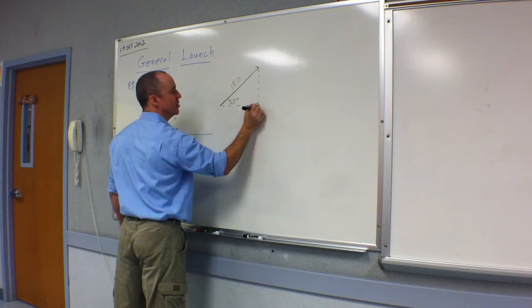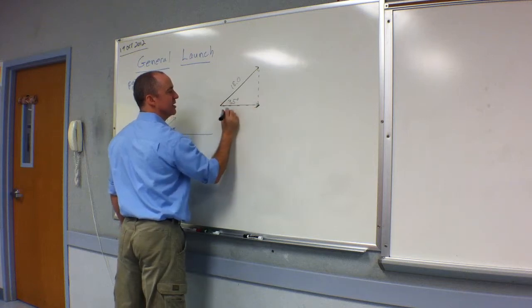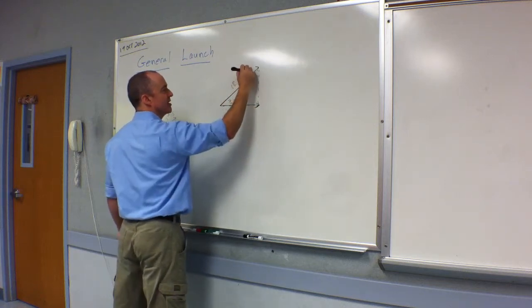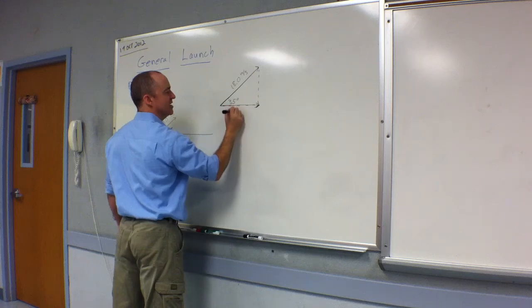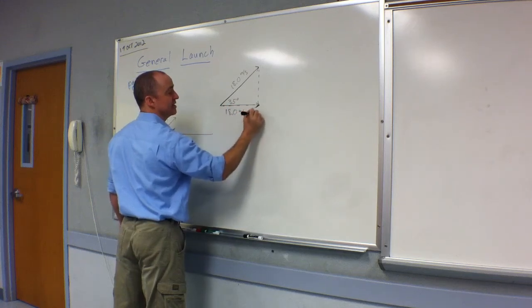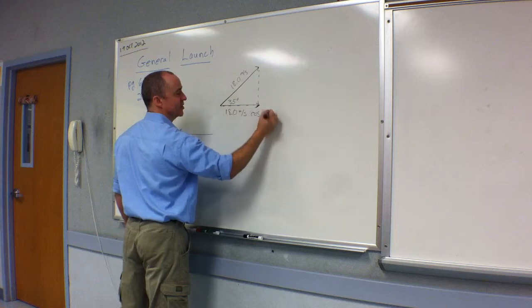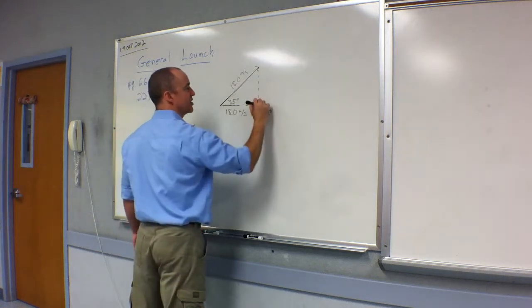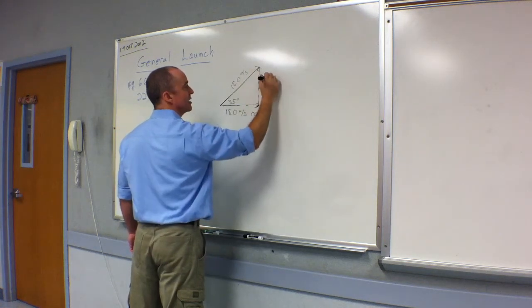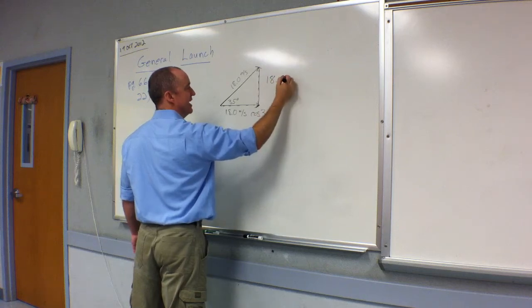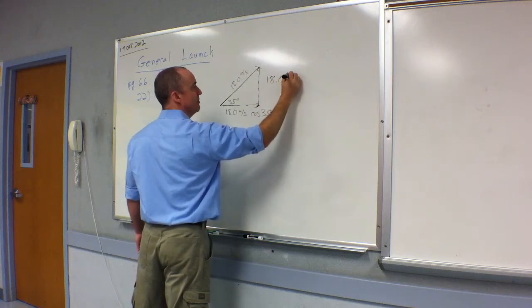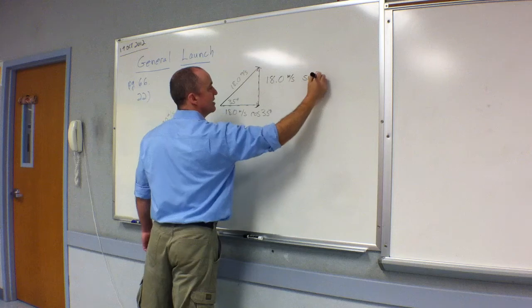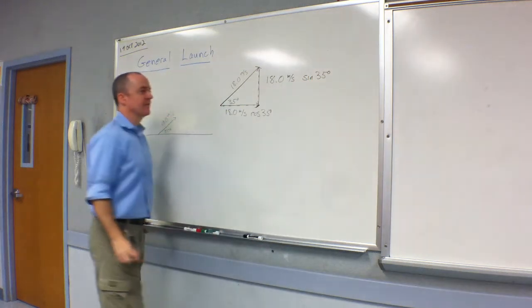It's going to go forward with an initial velocity of 18.0 meters per second cosine 35 degrees, and it's going to go upward with an initial velocity of 18.0 meters per second times the sine of 35 degrees.